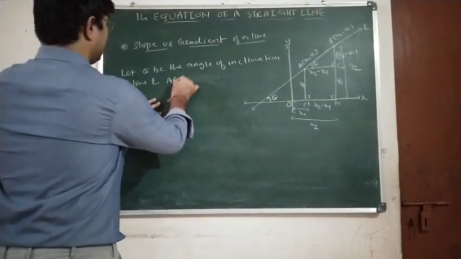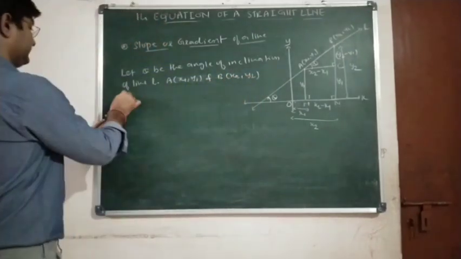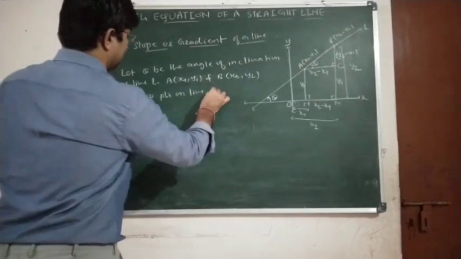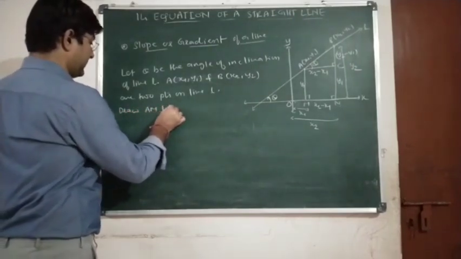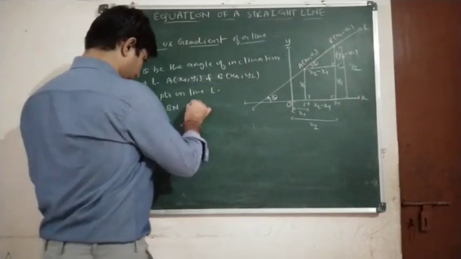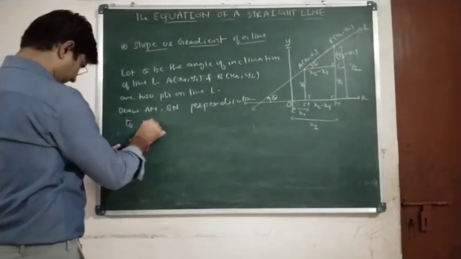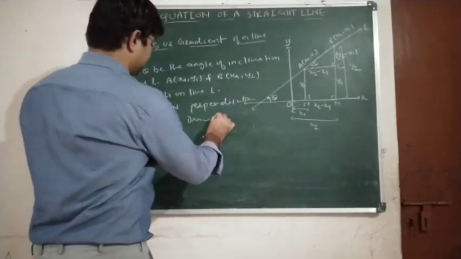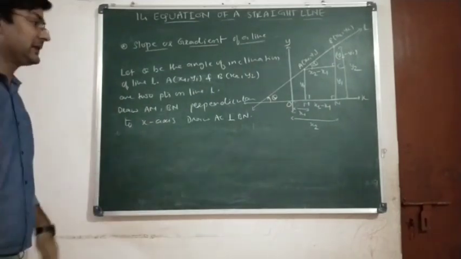And A (x1, y1) and B (x2, y2) are 2 points on line L. We will draw AM and BN perpendicular to x-axis, and we will draw again AC perpendicular to BN. Clear? Now AMNC is a rectangle.